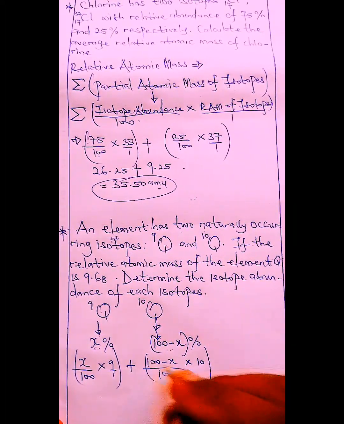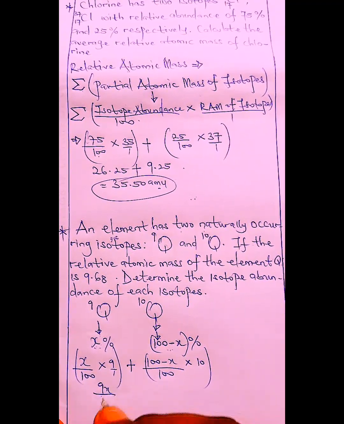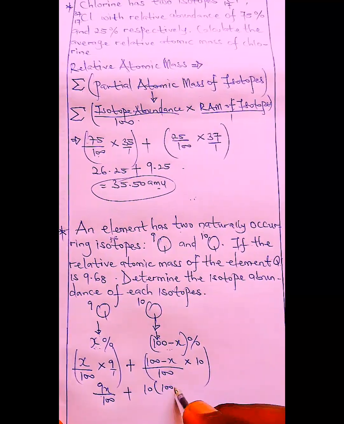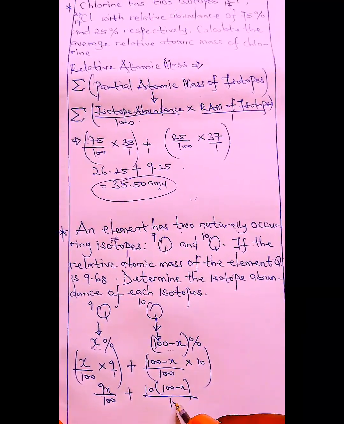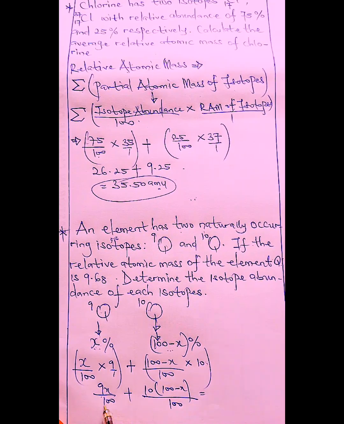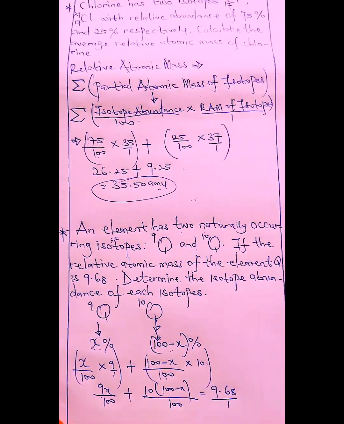That's what we have there. So by the time we do this, what do we get next? 9 times X is 9X over 100 plus 10, open your bracket, 100 minus X over 100. I don't want to simplify this, because I want something easy. Now equals 9.68. That's what we have.